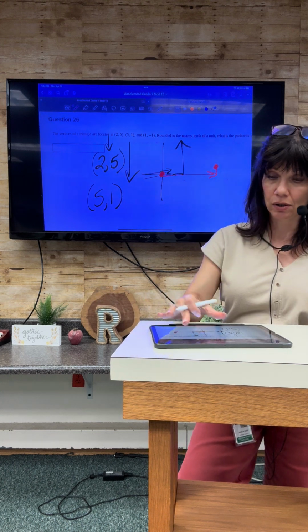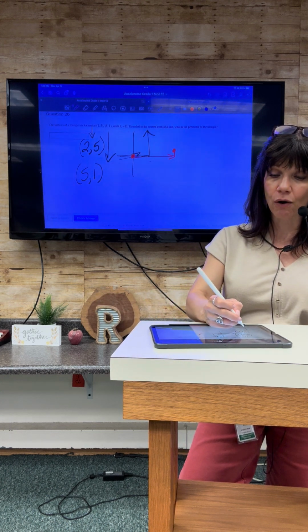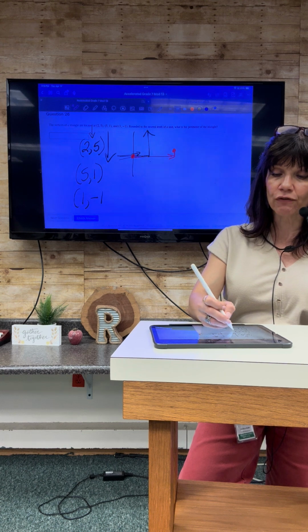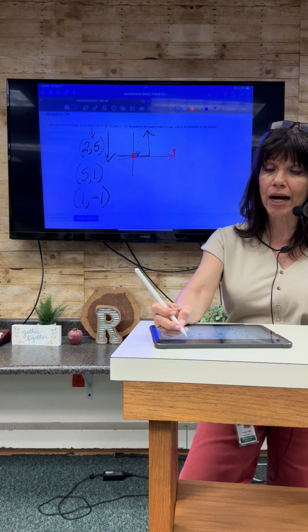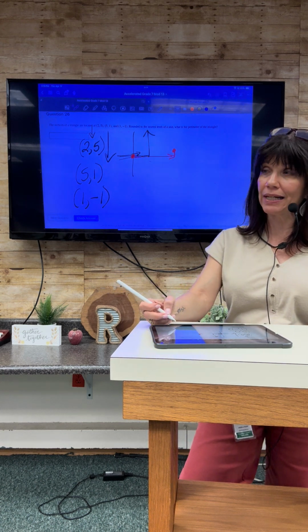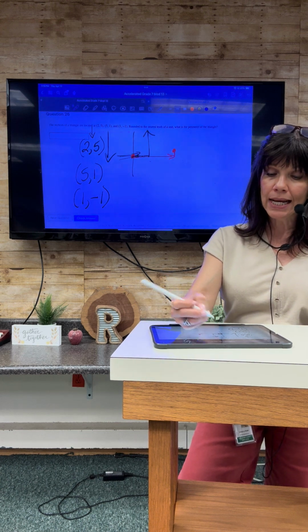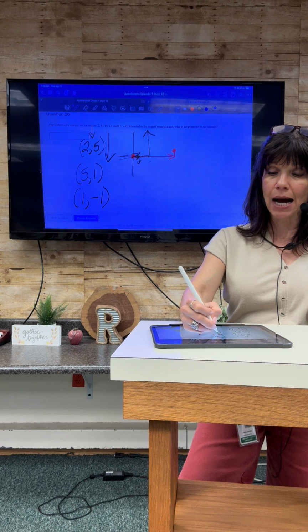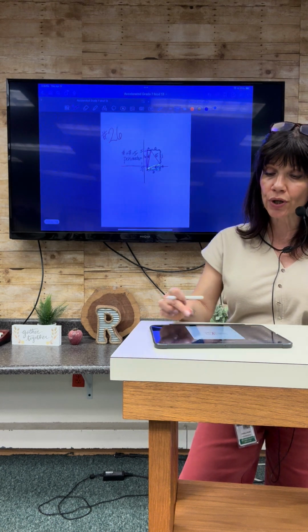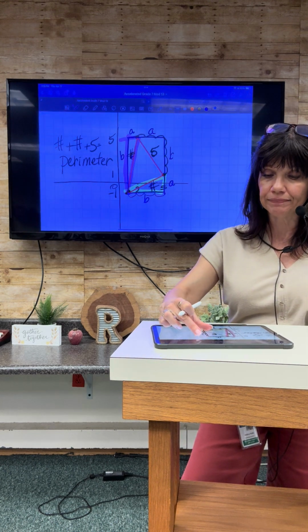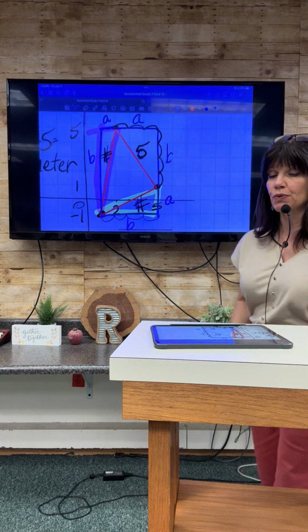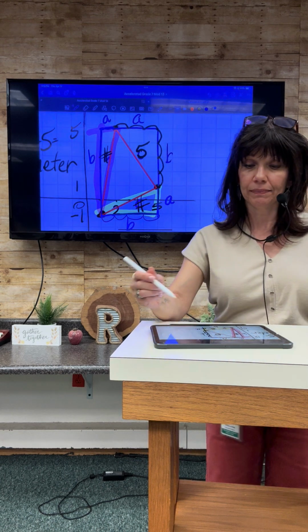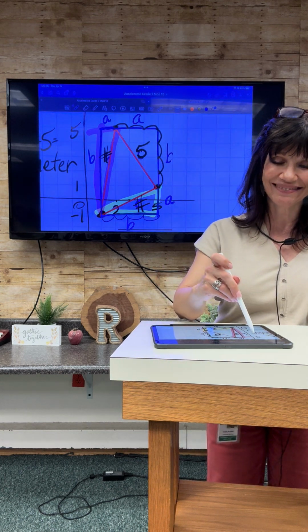The final plotted point is at 1, -1. So this time you'll go to the right how many steps? 1. And then what direction 1 step? Down. And plot that. I hope yours looks just like mine. Is yours matching mine? My red one. Do you guys all see the red?